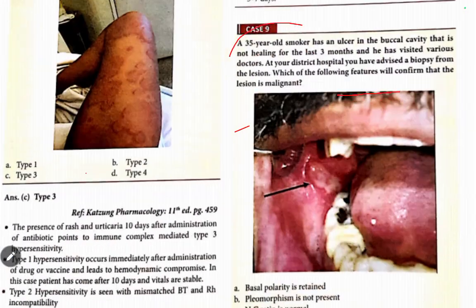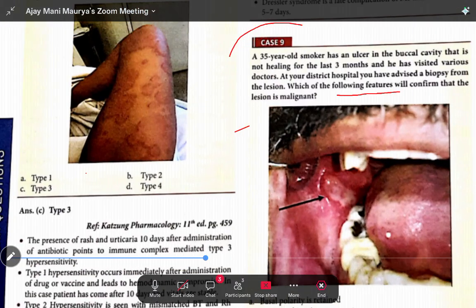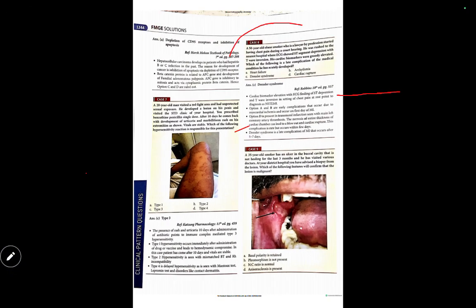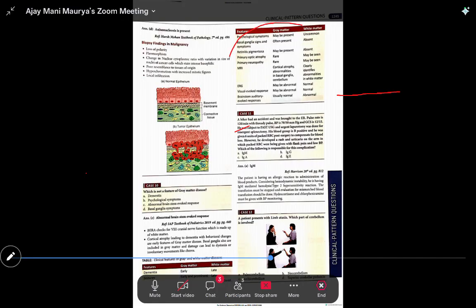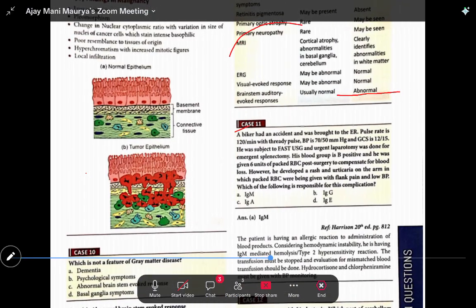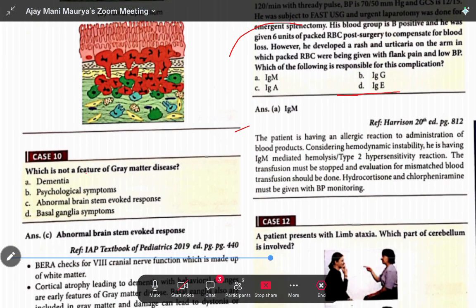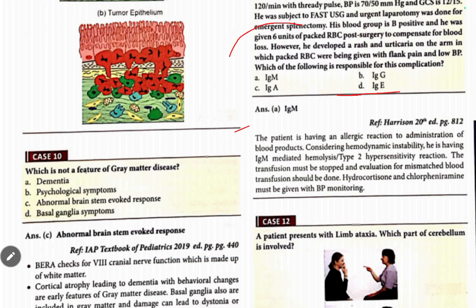This is not clear in the book. Gray matter is a collection of cell bodies.